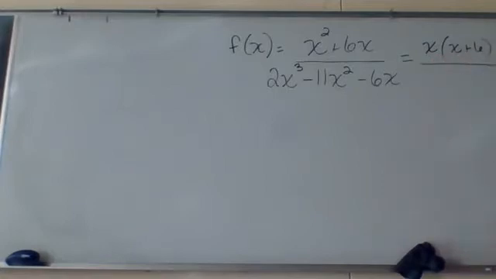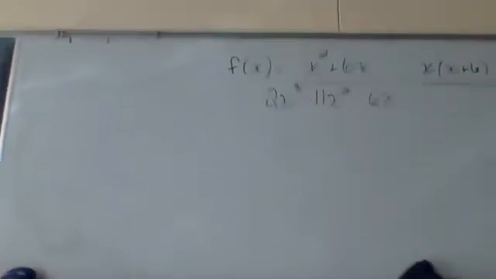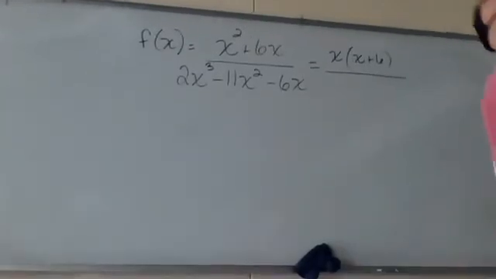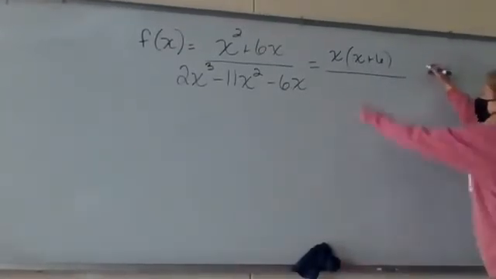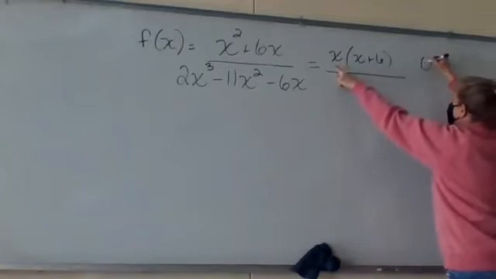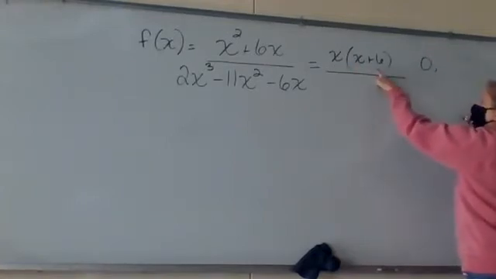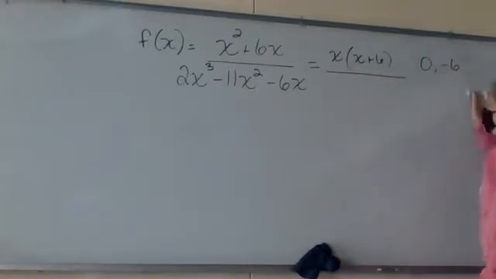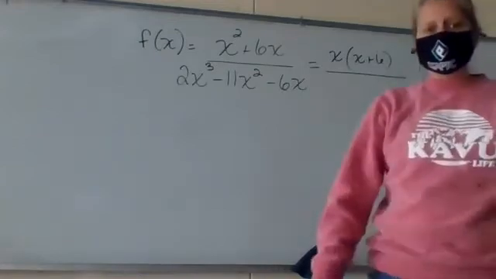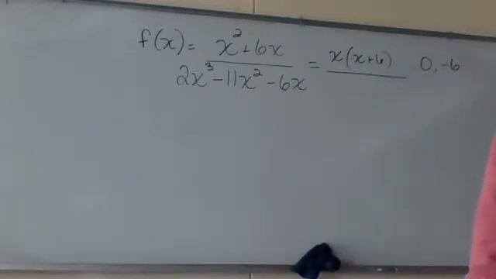Then if I set those equal to 0 and solve them, that's where my two zeros would come from. Setting x equal to 0 would just give me 0. If I set x plus 6 equal to 0 and solved it, it would give me -6. So there are the zeros of the numerator.